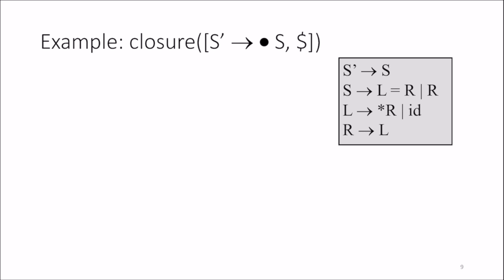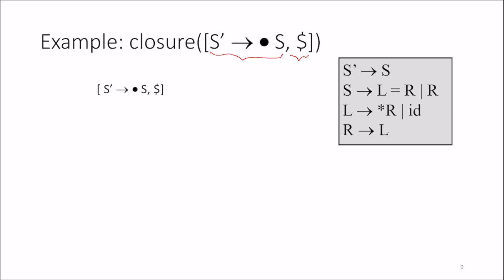So let's see if LR1 fares any better. So we're going to start with the closure. We start with the dotted rule S prime goes to dot S. The look ahead is $, and we compute the closure. So let's do that step by step.